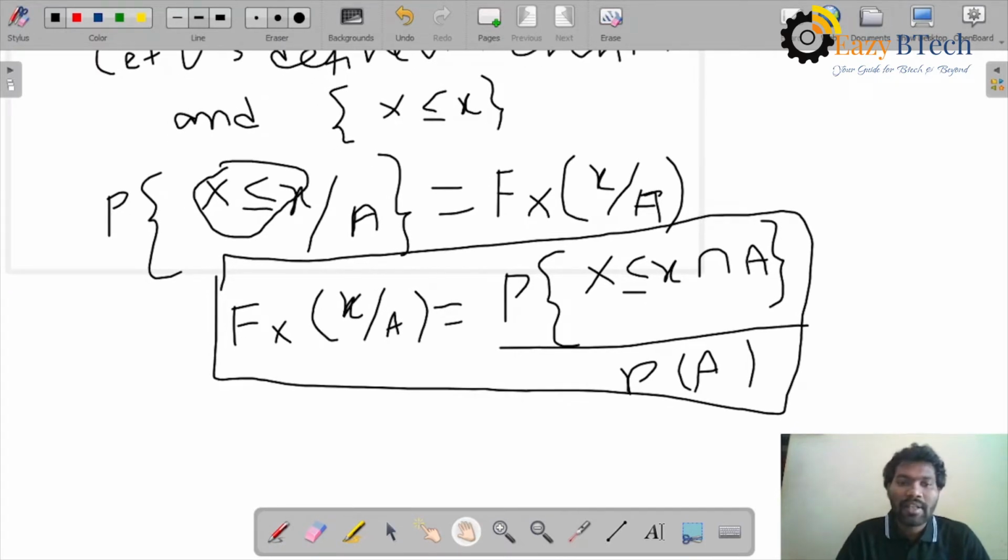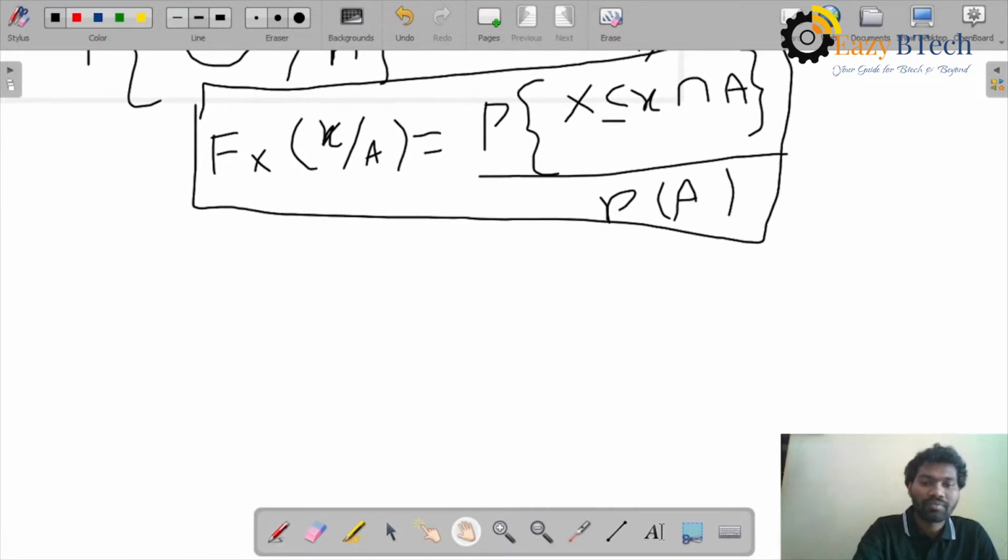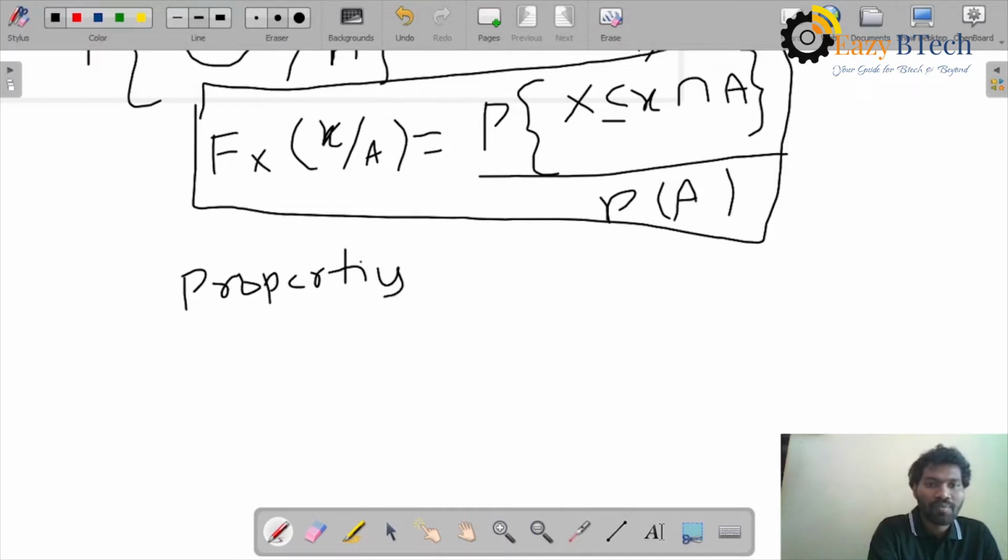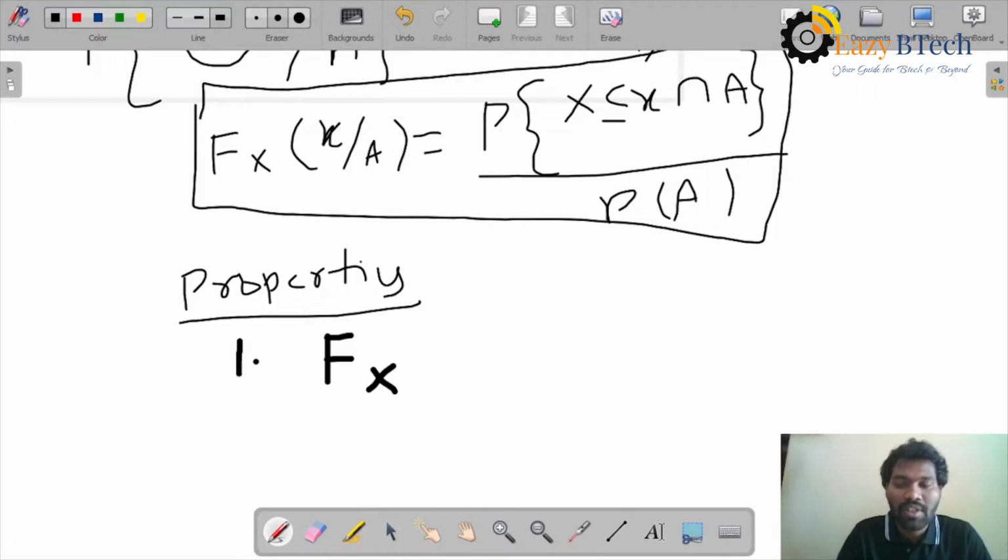Okay, so like the distribution function has properties, here also you have properties for the conditional distribution function. The first one: we already know in our probability distribution function, Fx of minus infinity is equal to 0.